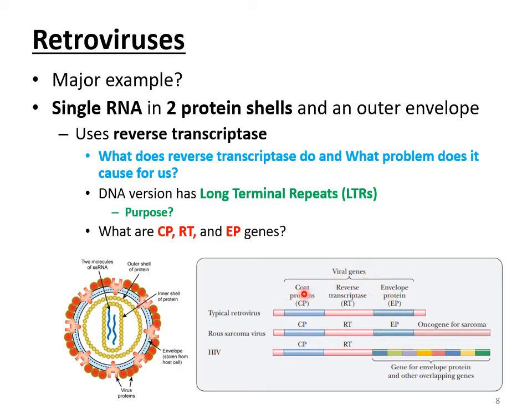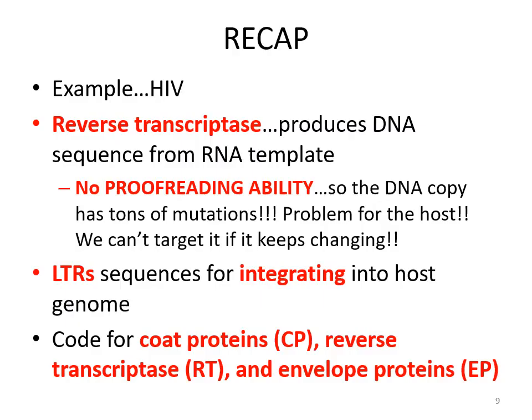RT, reverse transcriptase, codes for that enzyme that allows for replicating the viral genome and making the DNA copy. And then EP codes for the envelope protein that makes the outermost shell or envelope around the retrovirus. Okay, so CP is coat protein, RT is reverse transcriptase, EP is envelope protein.